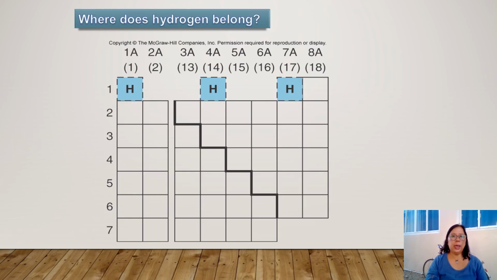Okay, where does hydrogen belong? That is still a question. But the established periodic table will say that it belongs to group 1. But its chemical and other physical properties are usually not the same as group 1.